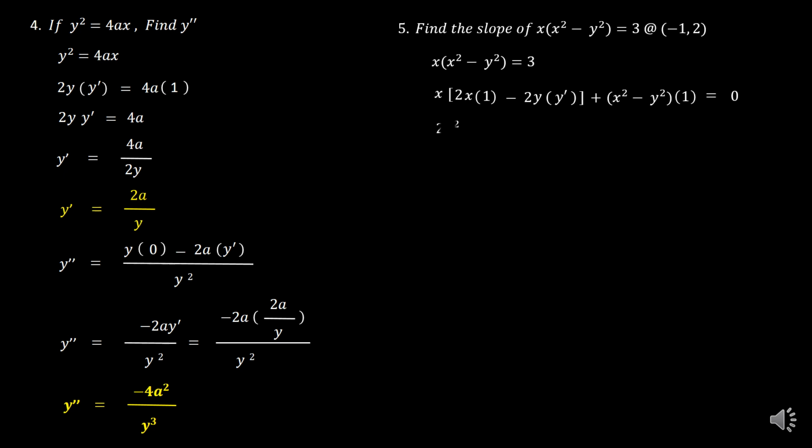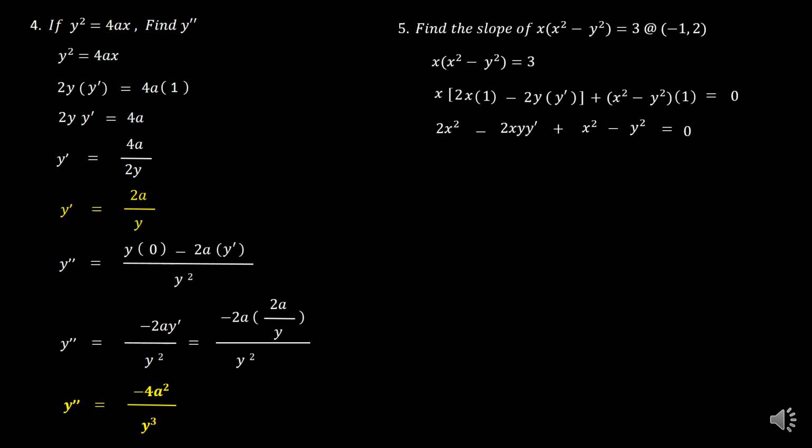Then simplify: x times 2x is 2x squared, x times 2y' is 2xy', then plus x squared minus y squared equals 0.